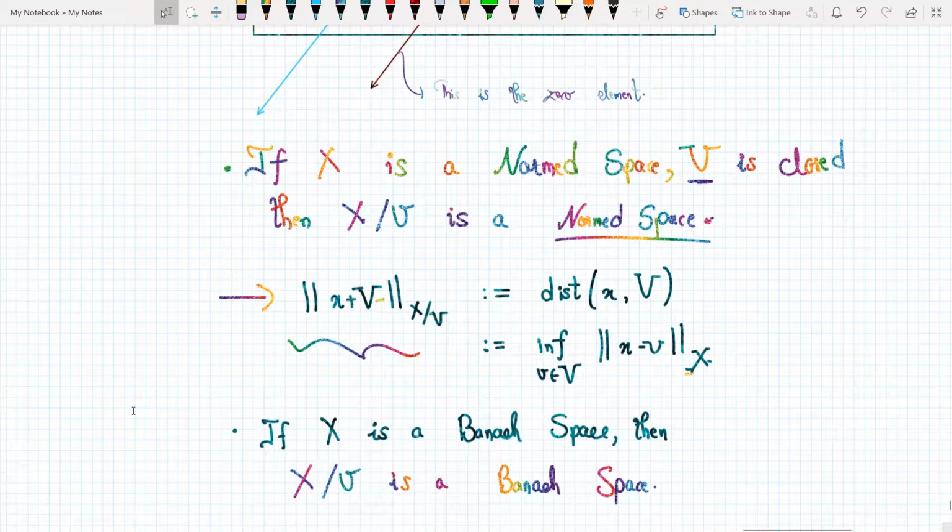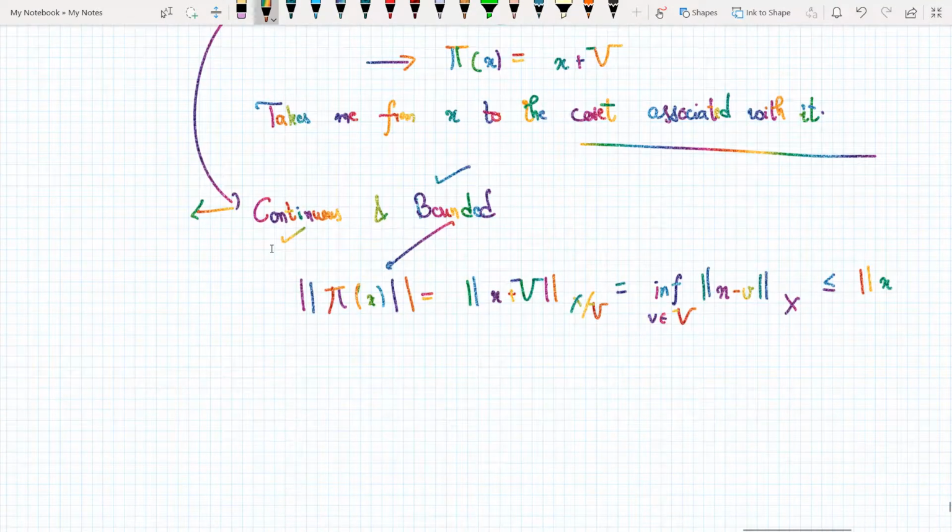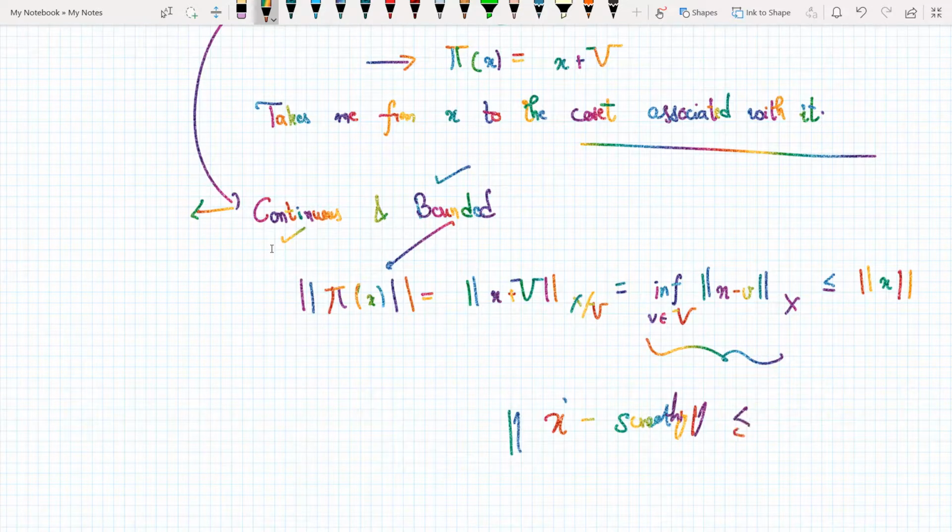So if you look here, this is equal to the infimum over v belonging to capital V of this thing. Now what is the infimum over this thing? Just look at it this way. x minus something is always, of course, less than or equal to the norm of x.